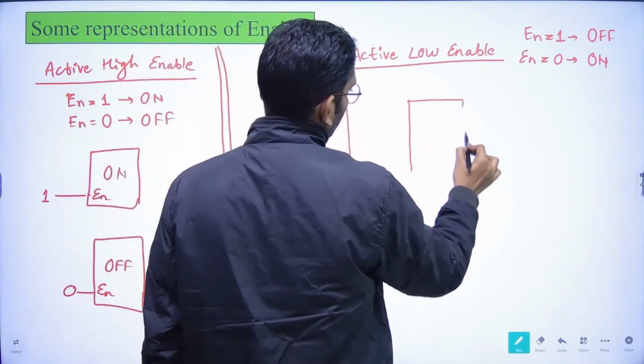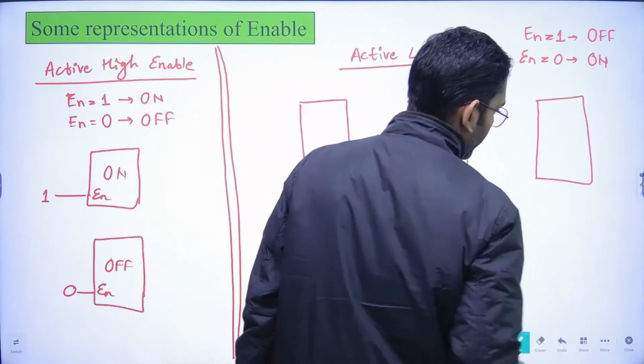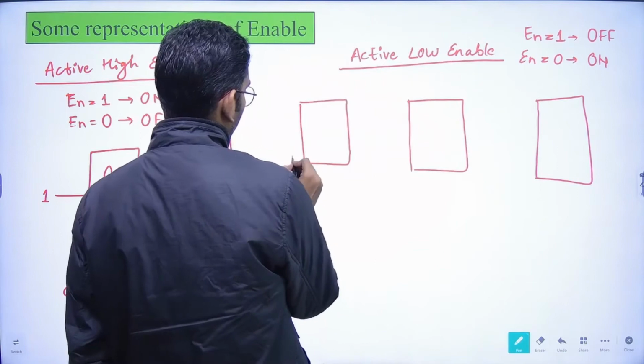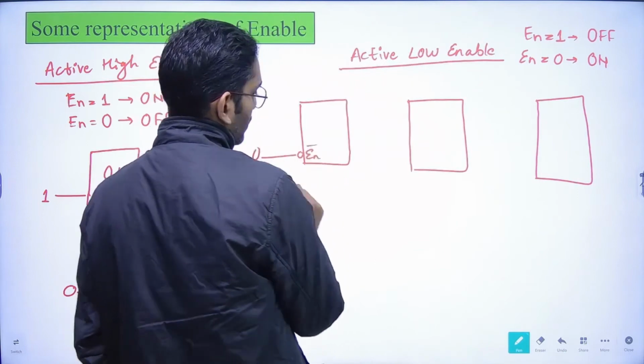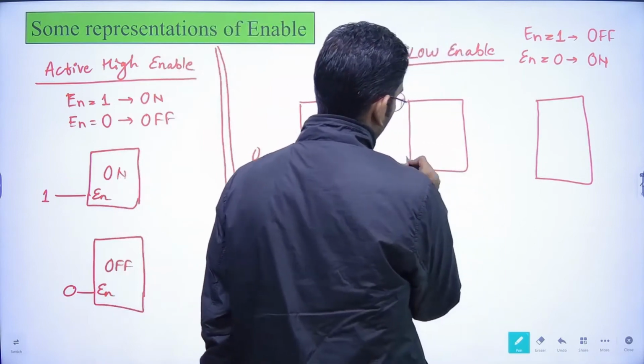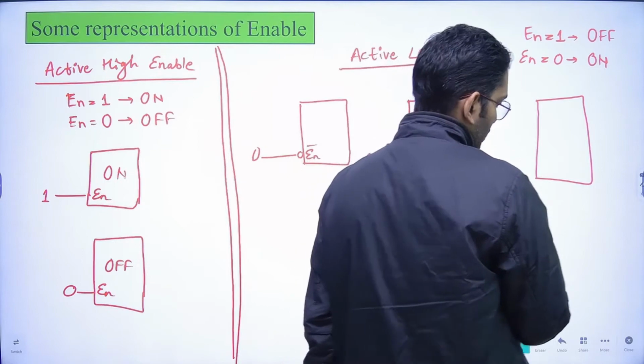Case 1, 2, 3. Now here it can be 0 and 0.